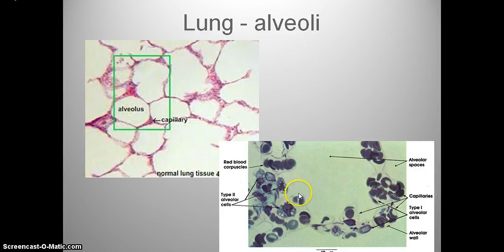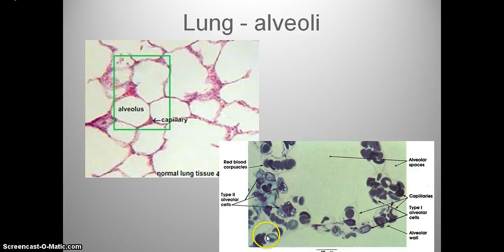This is a magnification which we did not look at under our microscopes, because we don't have such powerful microscopes. But notice here are actually alveoli cells right here. This is one, this is another one. And red blood cells you definitely see in the surrounding capillaries. This is where the exchange of gases through the cell membrane of the alveolar cell is taking place.